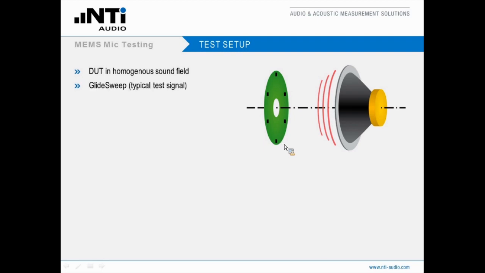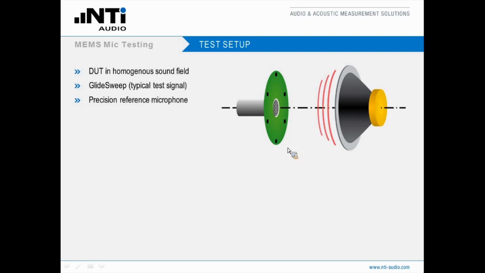The test signal itself is typically a glide sweep, which has a couple of advantages. It allows a pretty fast test. It allows to measure several parameters in parallel, like frequency response or distortion and other results. So this is a very popular test signal for this setup.